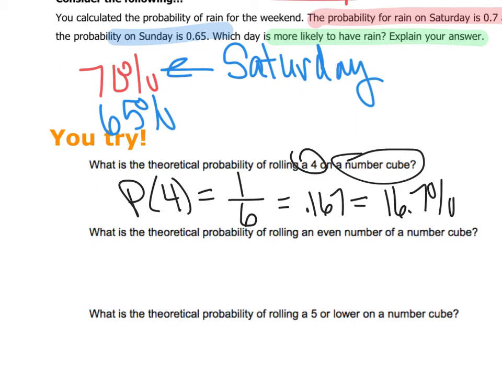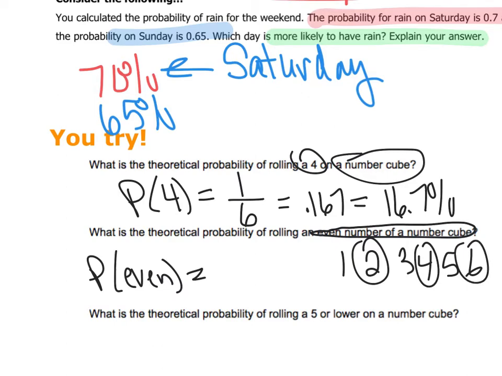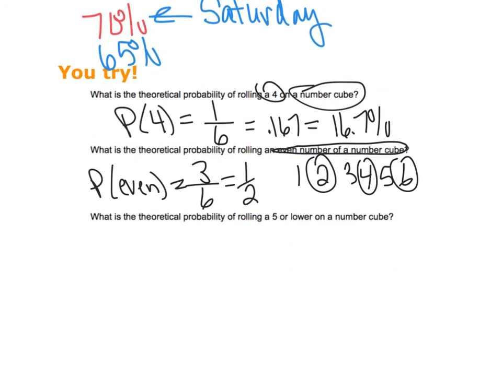And then the theoretical probability of rolling an even number on a number cube. So we have the probability of even. Okay, well, let's look at our numbers. 1, 2, 3, 4, 5, 6. Evens are going to be 2, 4, and 6. So that would be 3 options out of 6, which is 1/2, 0.5, 50%. All right, last one.